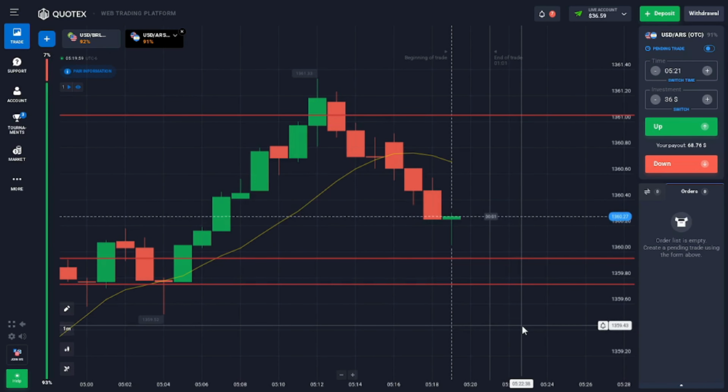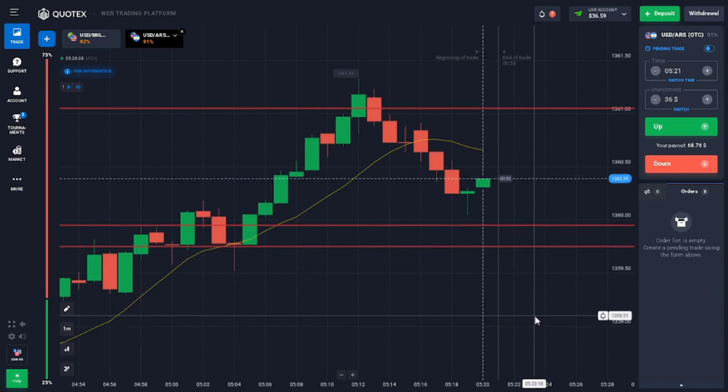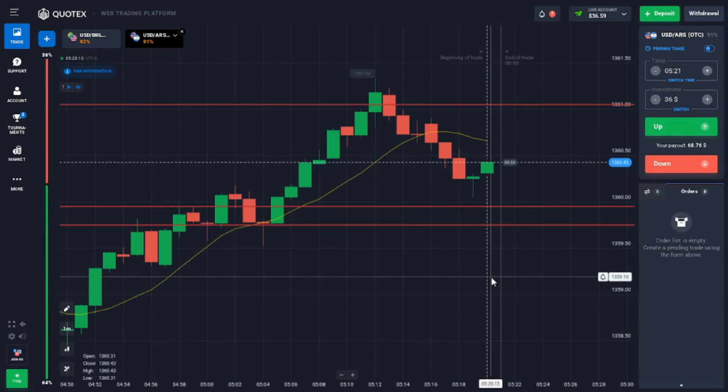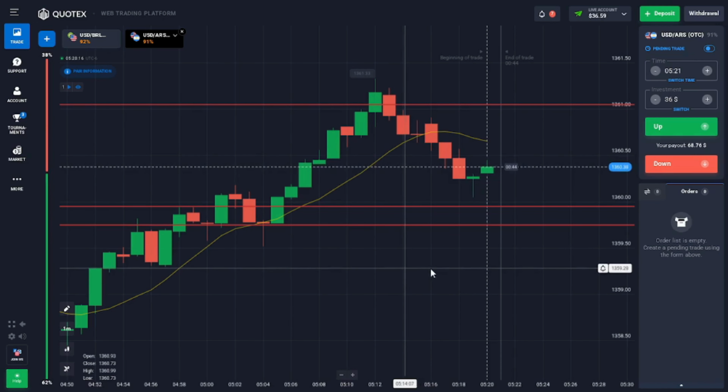Here you can see that the buyers closed the candles in green because the market retested this zone twice, and then went into an uptrend from here. So here we have to wait a little for the next trade because the market has reversed from here.